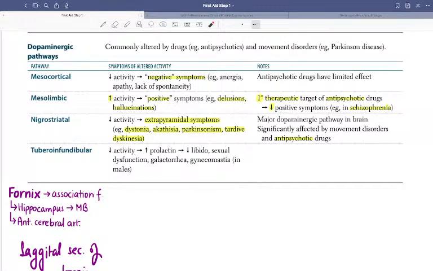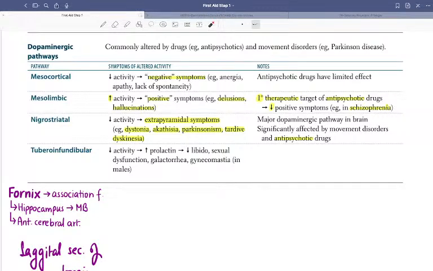When do we say negative? Negative is when something that was there is taken away. As normal human beings, we have motivation, and we have cognition and all of that. So cognition, motivation, all of this is taken away, it is minus.